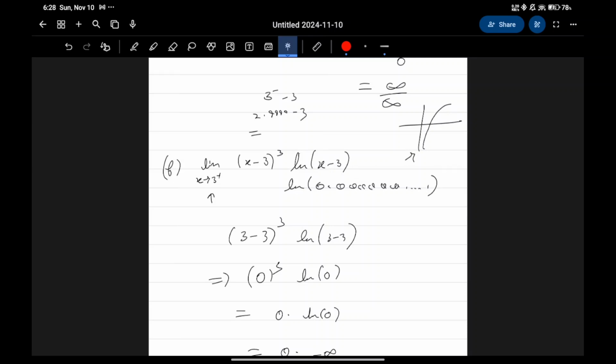So that's why if we plug in 3 from the left, it would mean plugging a negative number into the log, which doesn't make any sense. Because the limit from the left doesn't exist, and it kind of exists from the right, we cannot conclude that the limit exists at 3. So that's why we are testing it from the right.